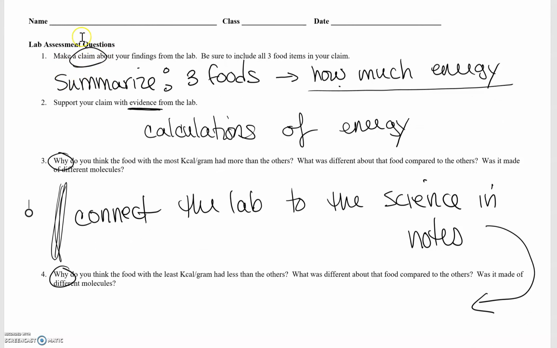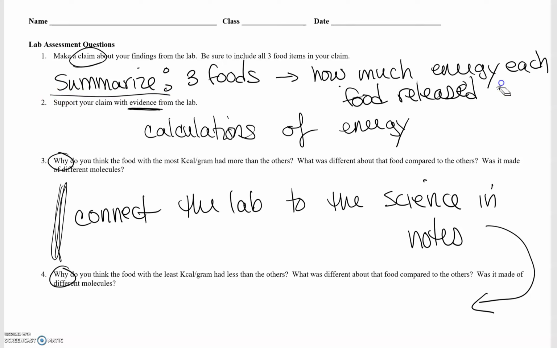In your claim, you are going to summarize the 3 foods that you tested in the order of how much energy was released, without using numbers. There are no numbers involved in this first part. This is just a summary of how much energy they released. So rank them in order, from the one that released the most energy down to the one that released the least amount of energy.